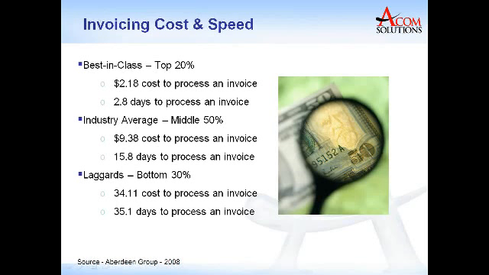You can see from the slide, the top 20%, their estimate was that the cost per invoice was just a little bit over $2 per invoice. The average, which is the middle 50%, averages a little bit over $9 per invoice. And the bottom 30% went as high as $34.